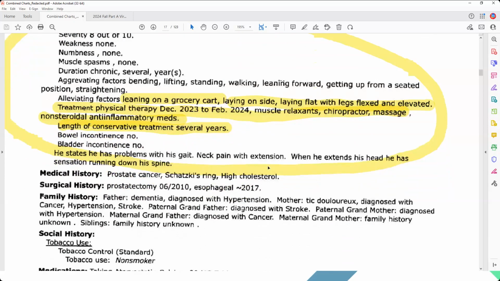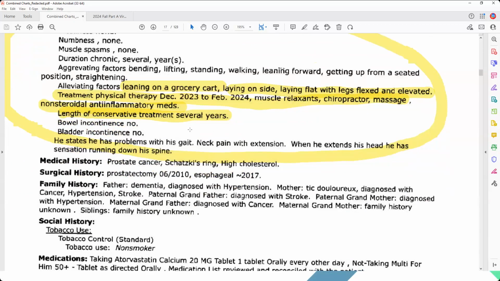We have length of conservative treatment of several years, but we don't really know how long. It just says several years. Now, again, we only need 12 weeks, but in here, we're also going to expect to see what kinds of conservative treatments.